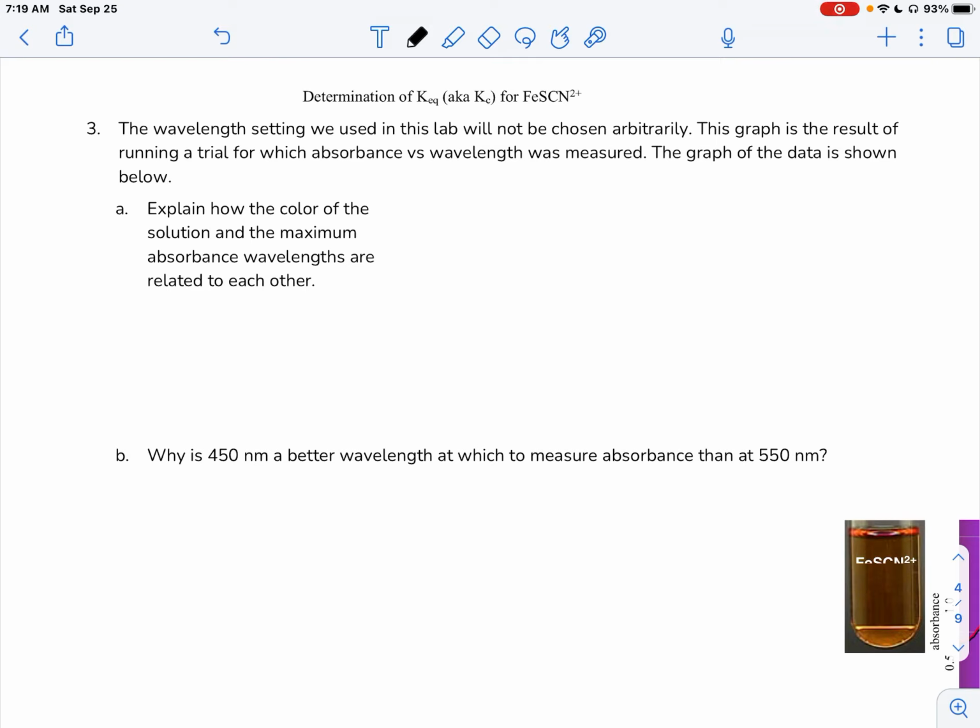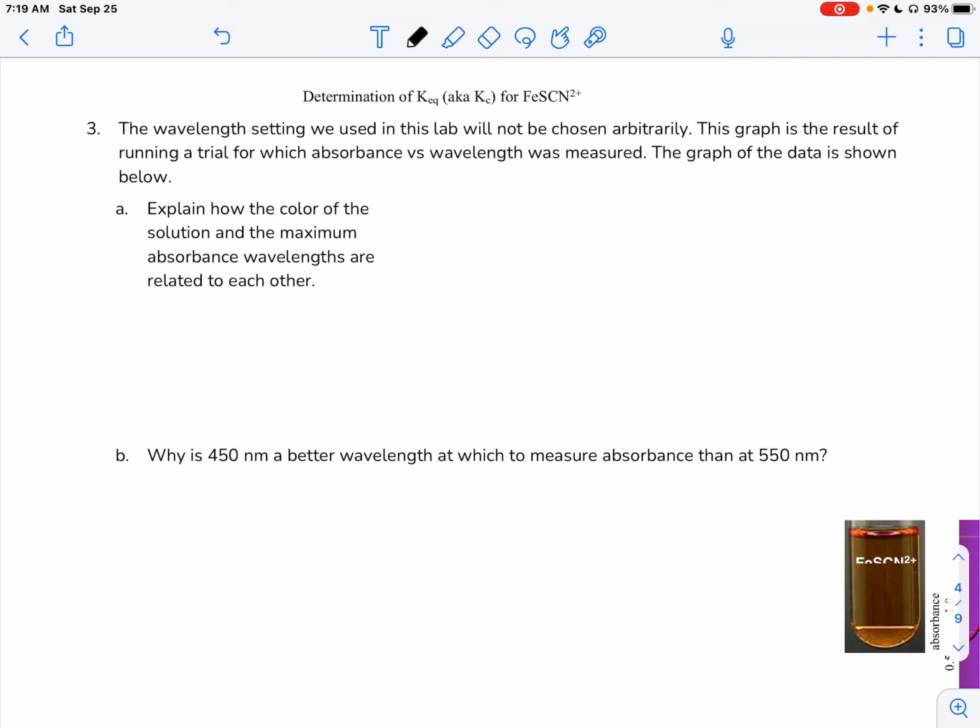The wavelength setting we will use in this lab is not chosen arbitrarily. The graph that you can see is the result of running a trial for which absorbance versus wavelength was measured. The graph of the data is shown below.